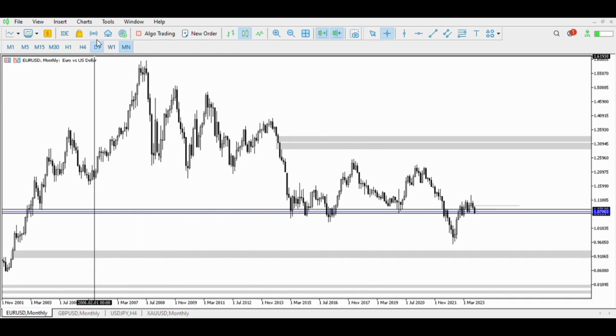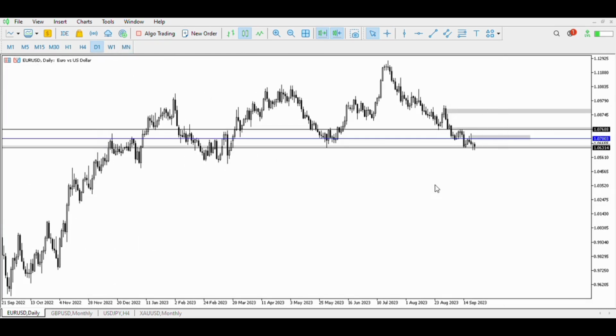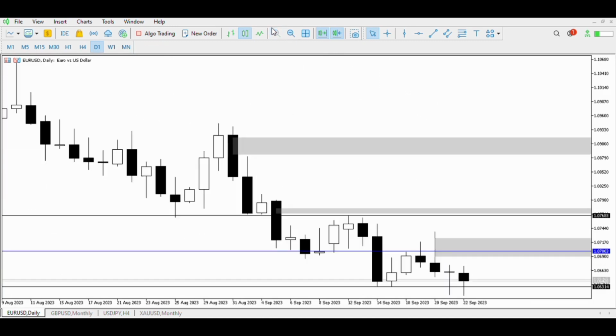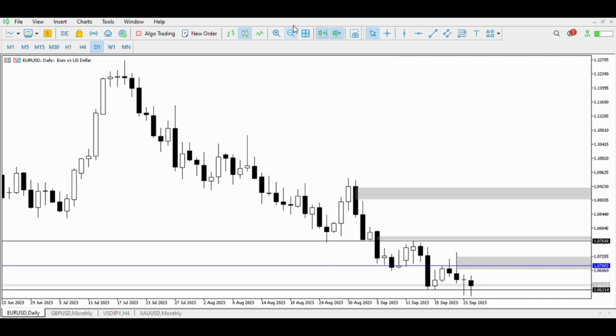So now this is the daily time frame, as you can see, and I'm going to zoom the chart a little bit. Yes, perfect. So on the daily time frame, we've been having this kind of move.